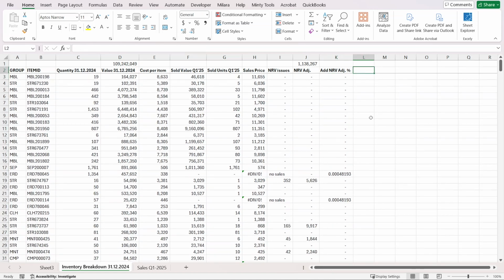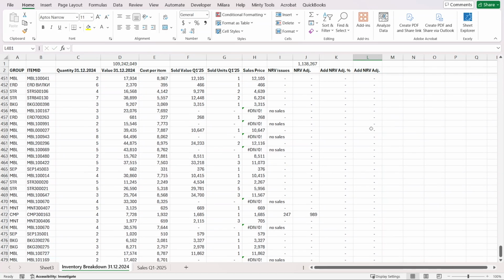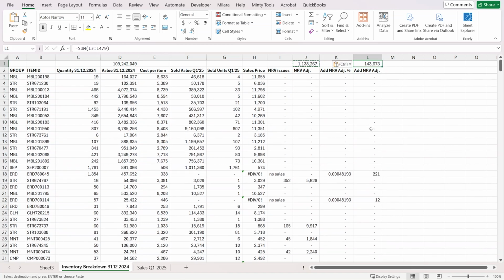And then I'm going to say additional NRV adjustment, which will be this multiplied by my value at the end of the year. Going to copy that down, and this would give me some additional amounts as an NRV adjustment. You see about 140,000.